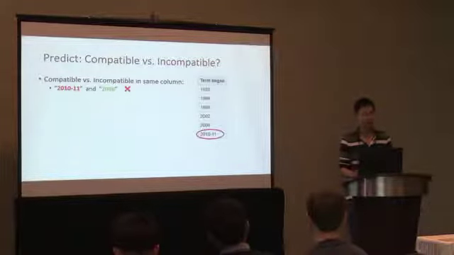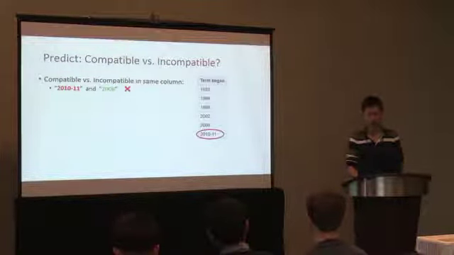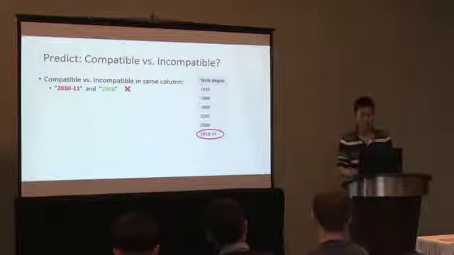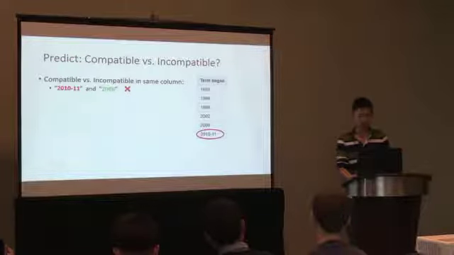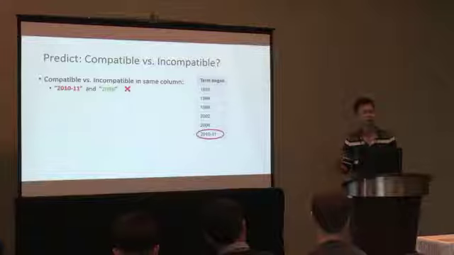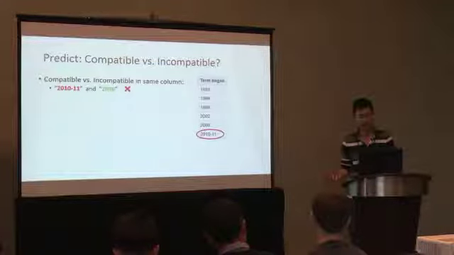Now, in the time that remains, I will try to give you an intuition of how this works. So the key question comes down to predicting whether two values are compatible or not in the context of the same column. In a previous example of these two values, intuitively we know these are dates and they are not compatible, and they probably should not co-occur in the same column.